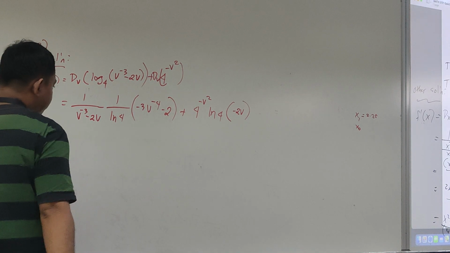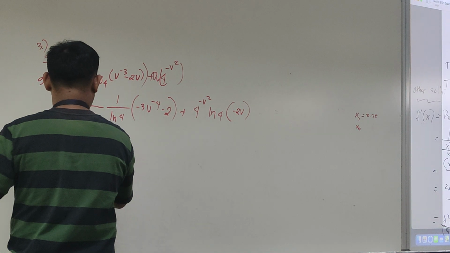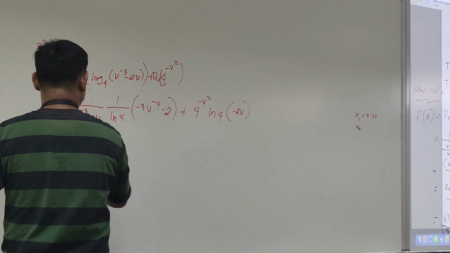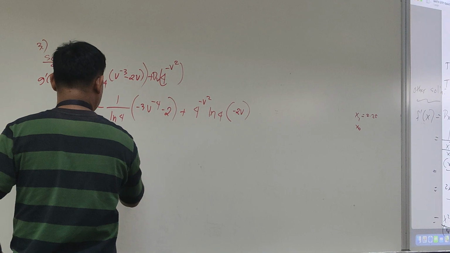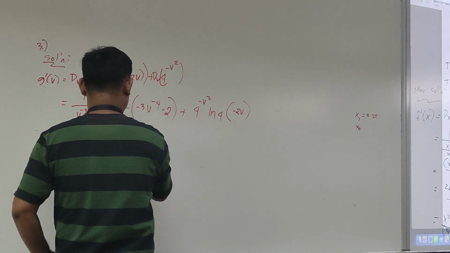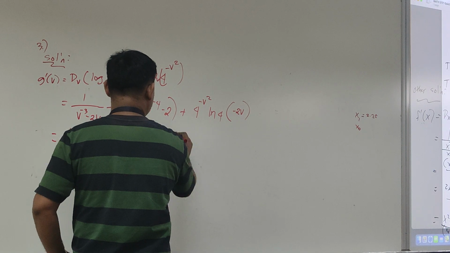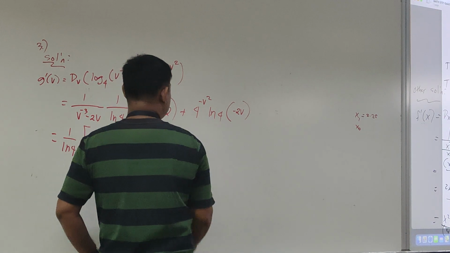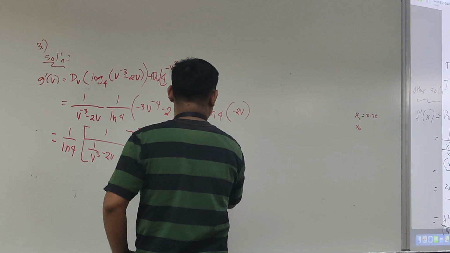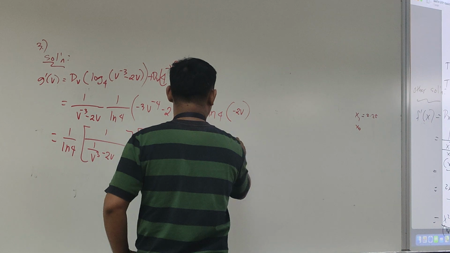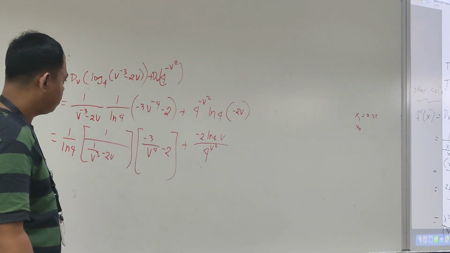So this is equal to 1 over ln of 4, 1 over v cubed minus negative 3 all over v raised to the 4, plus negative 2 ln of 4v all over 4v squared.